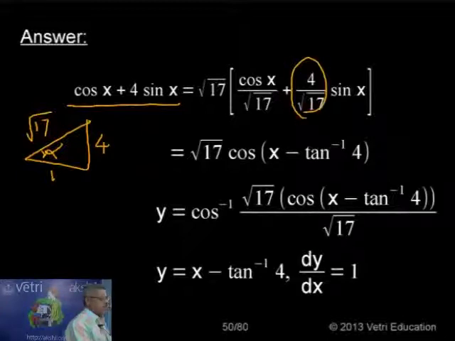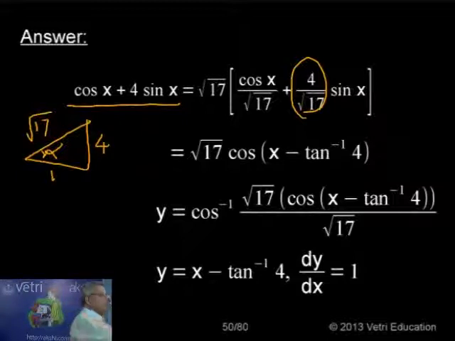So this is replaced by cos alpha, and this is replaced by sin alpha. You can directly follow: 1 by root 17 cos alpha, 4 by root 17 sin alpha. Therefore, we get cos alpha cos x plus sin alpha sin x, which is cos of x minus alpha, since cos a minus b is cos a cos b plus sin a sin b.